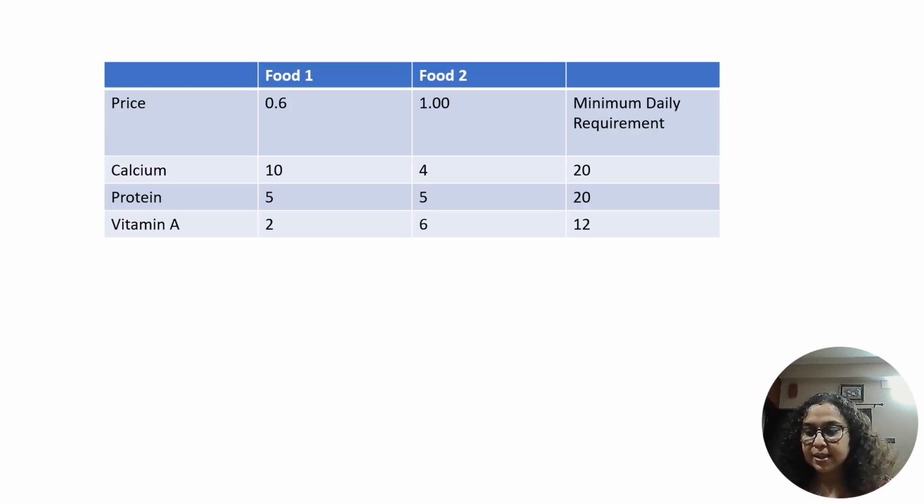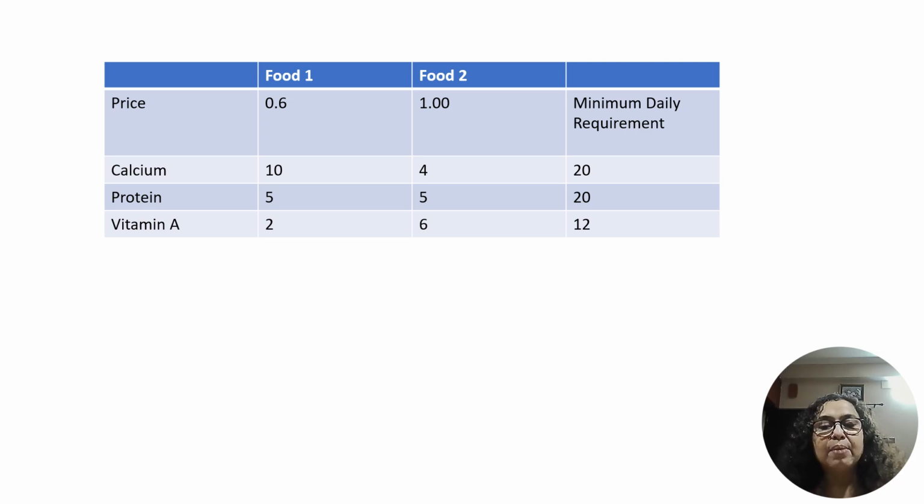So we have this dietary requirement, and given this, we can see that food one has a cost of $0.6 and food two has a cost of $1.